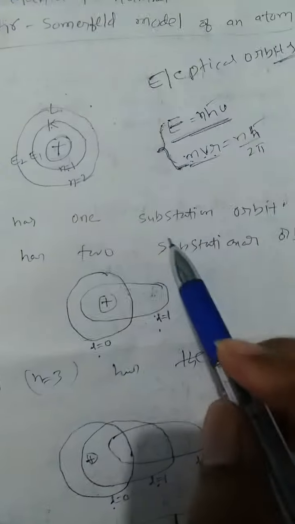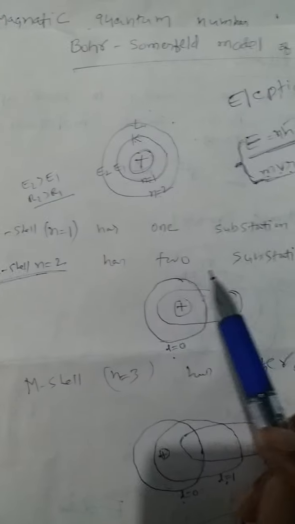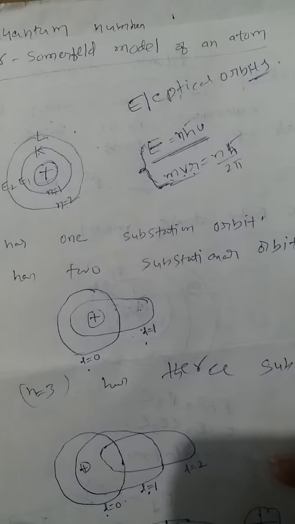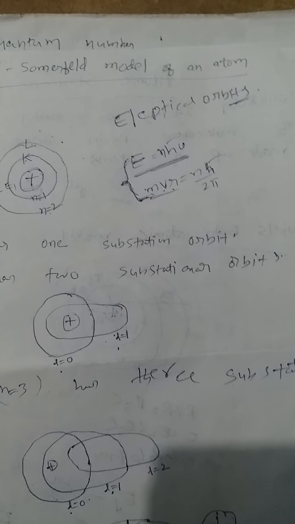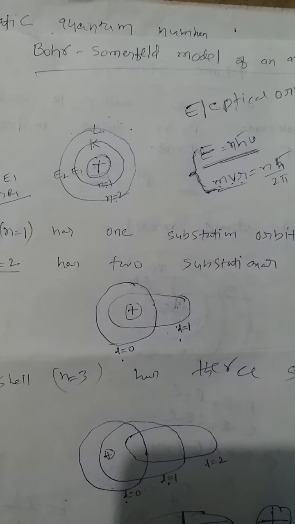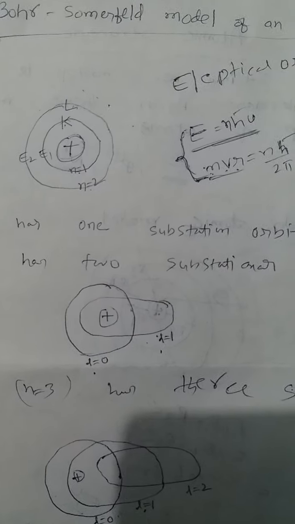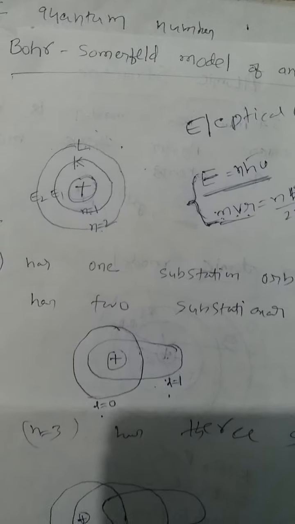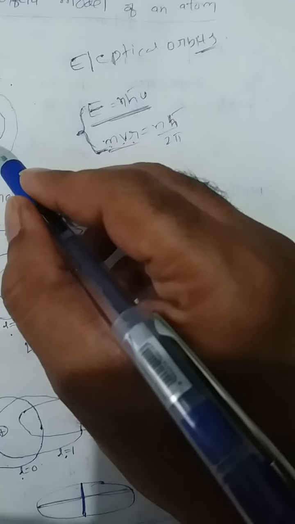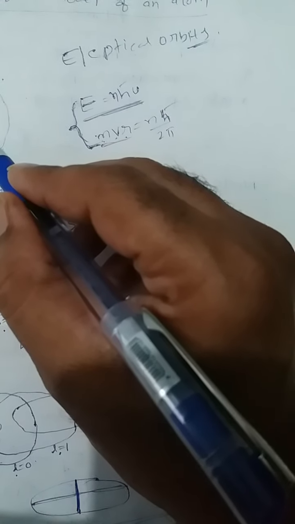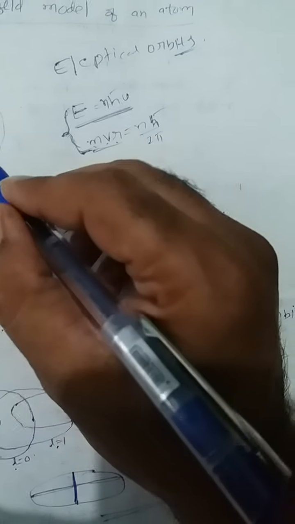The first stationary orbit has one orbit. L shell, n equal to 2, has two sub-stationary orbits. Each stationary orbit has sub-stationary orbits, and the number of sub-stationary orbits for a stationary orbit is equal to its stationary orbit number.